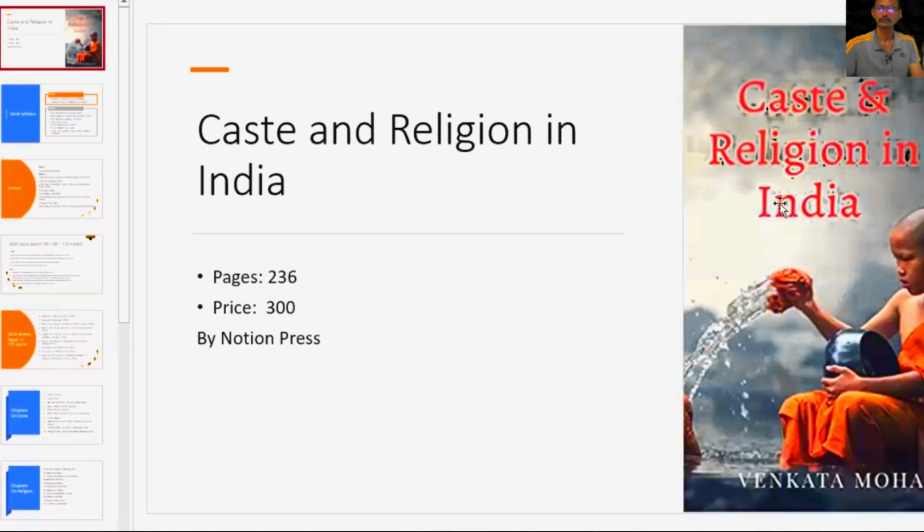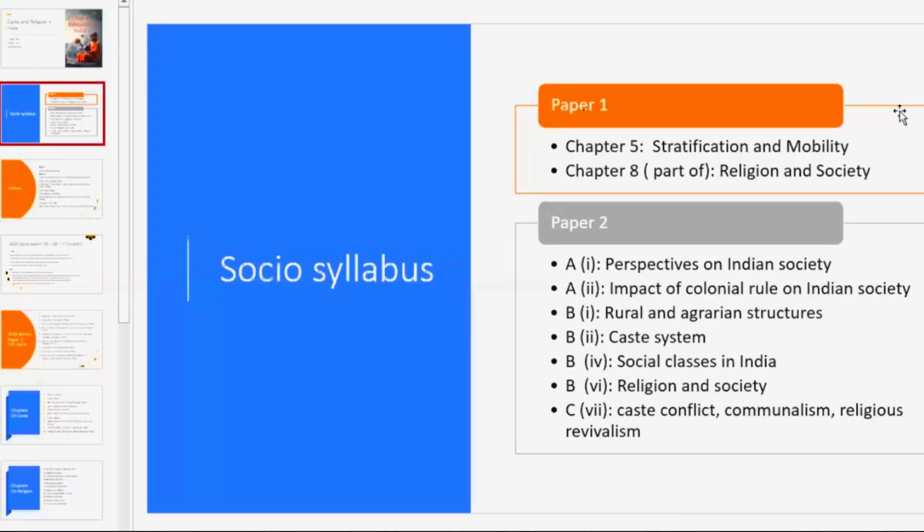So this is the book, Caste and Religion in India, pages 236. And the socio syllabus it covers is this.